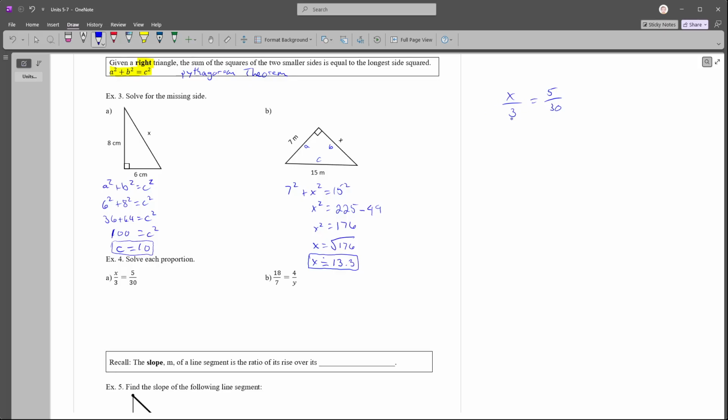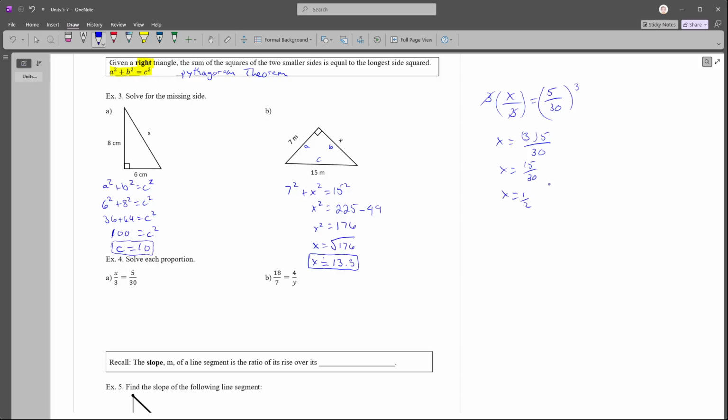I'm going to multiply both sides by 3. When I do that, these 3's cancel out, and over here we still get the 3. So x is equal to 3 times 5 over 30, so x is equal to 15 over 30. x is equal to 1/2.